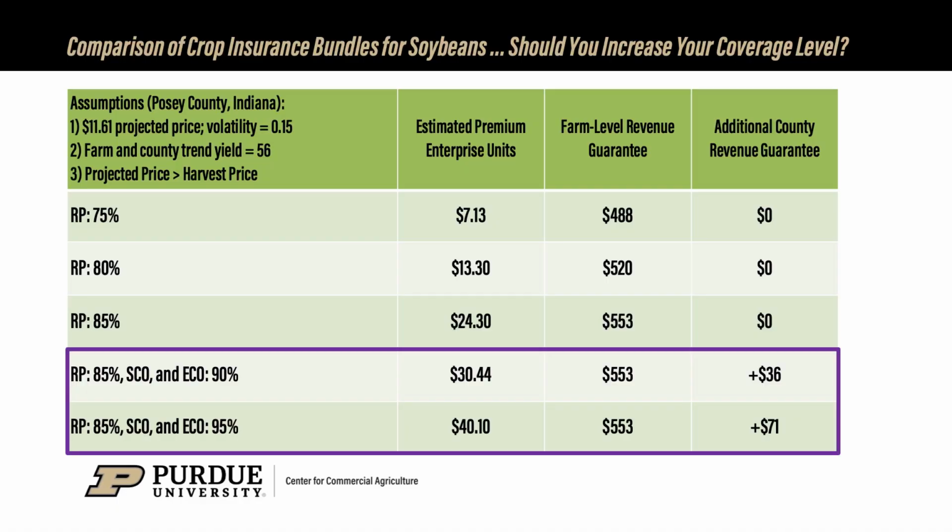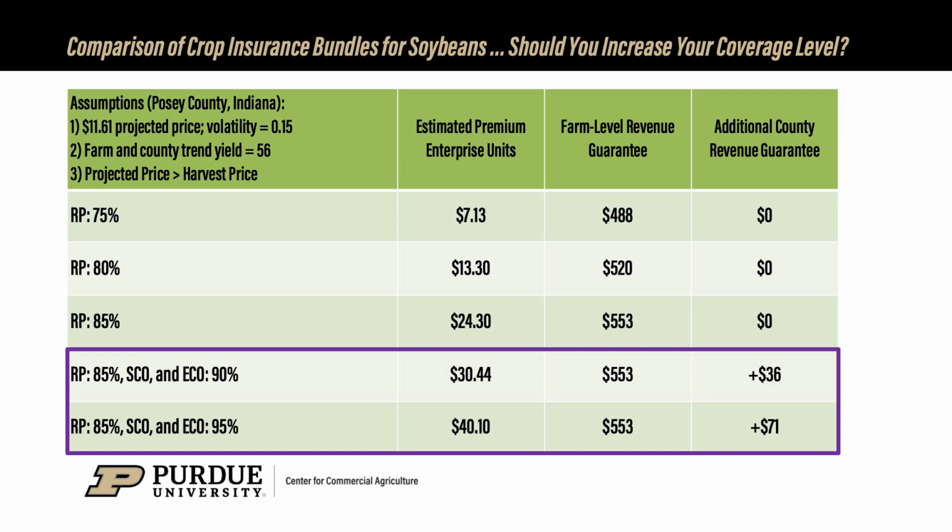Looking at the ECO products, here the increase in the dollars is not quite as big as what it was for corn. If you go from the 85% revenue protection to the 90% ECO, you're talking an additional $6 per acre.